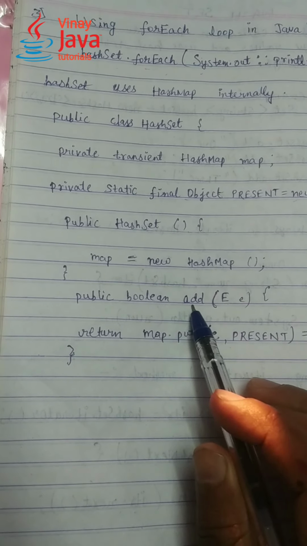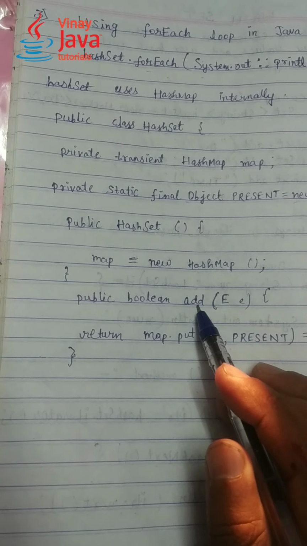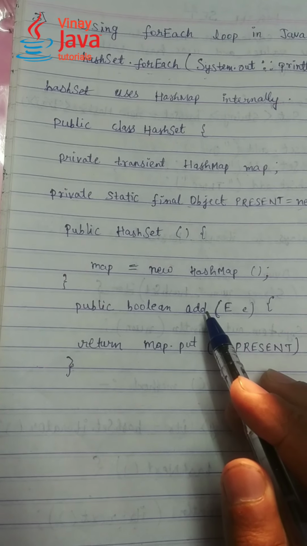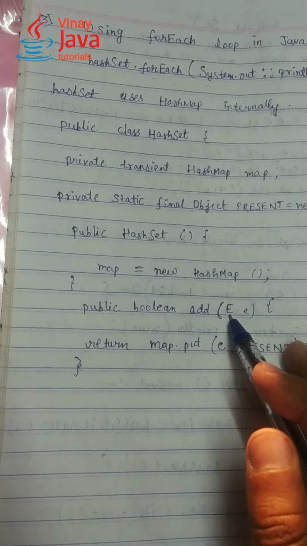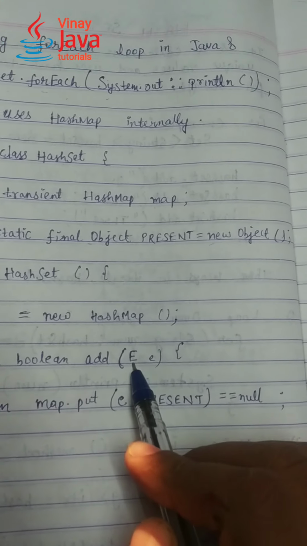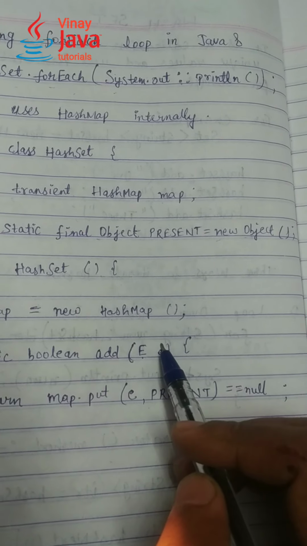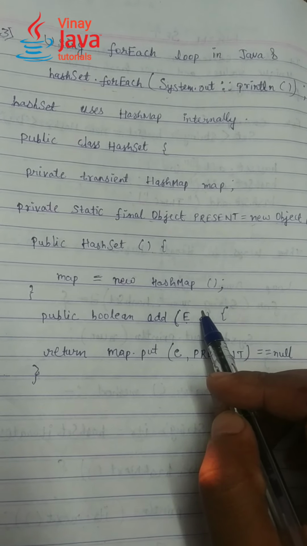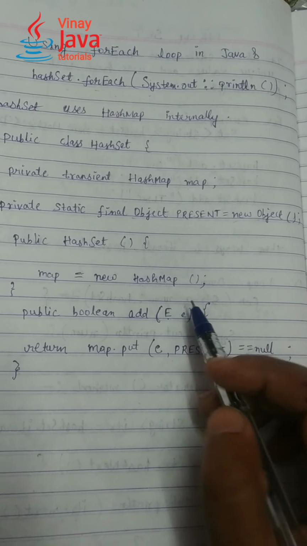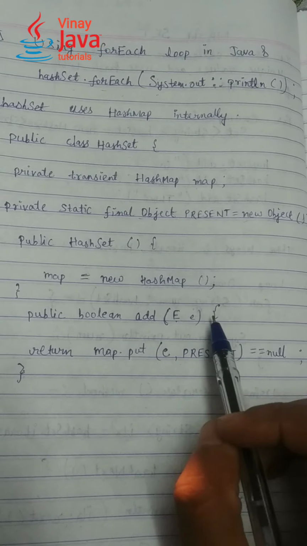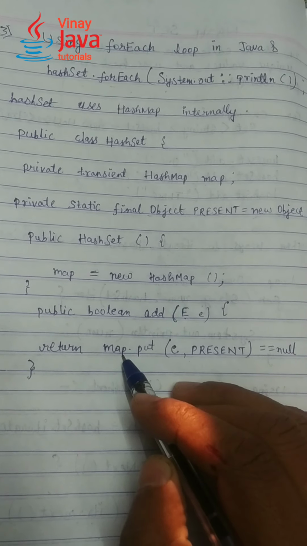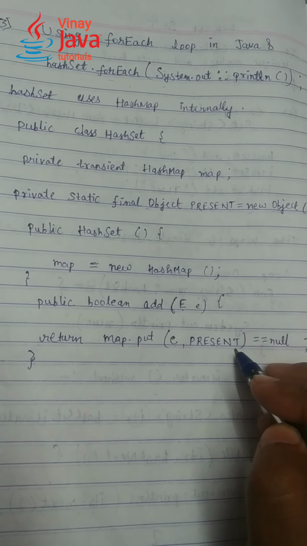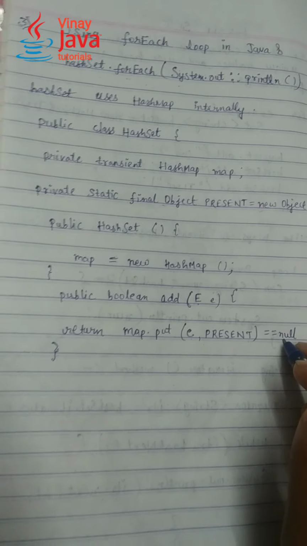So this add method is of boolean type. When we use the add method of hash set, what it does internally is, inside the add method there is an element of type E which is taking the element, whether the element is of string type, integer type, double, any type. Inside the add method it is returning map.put(element, present) double equals null.